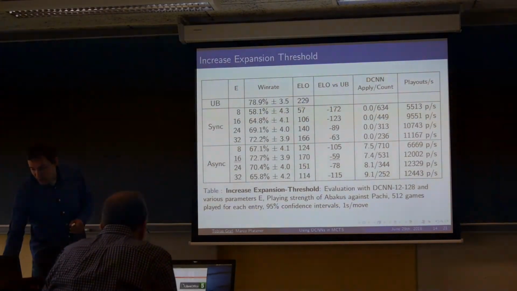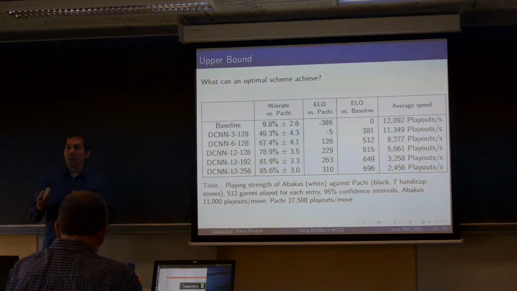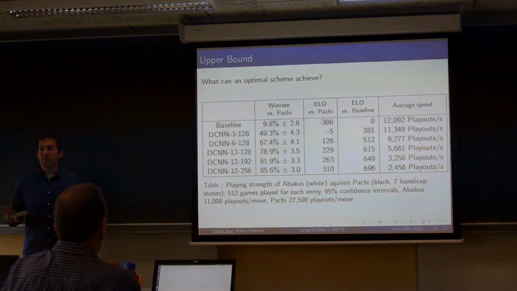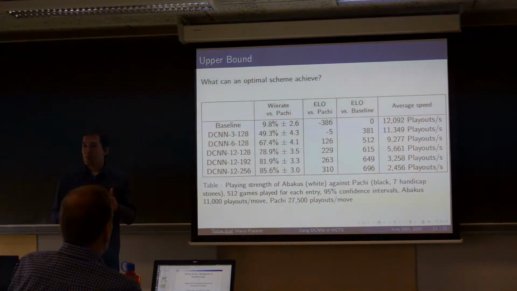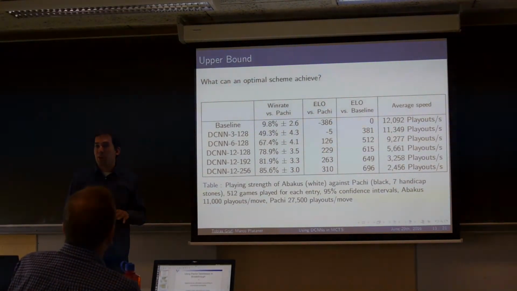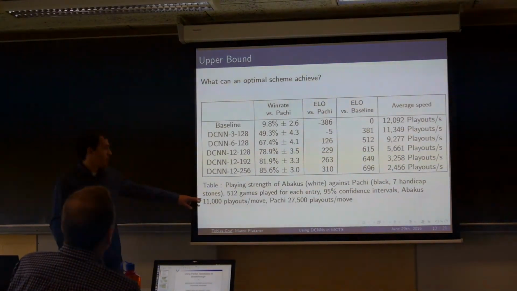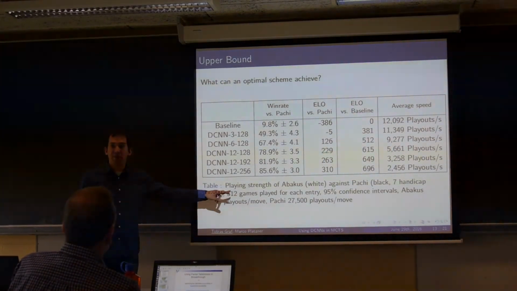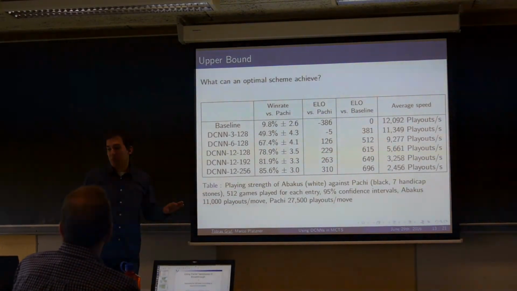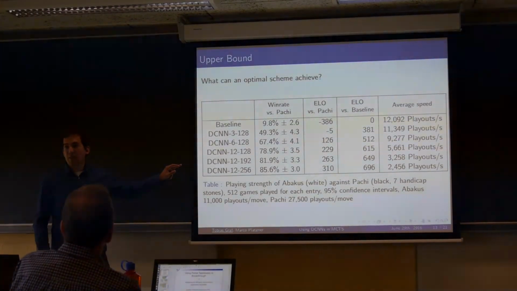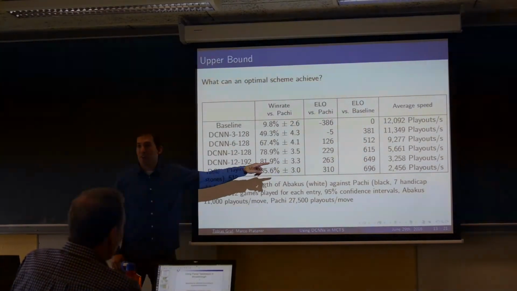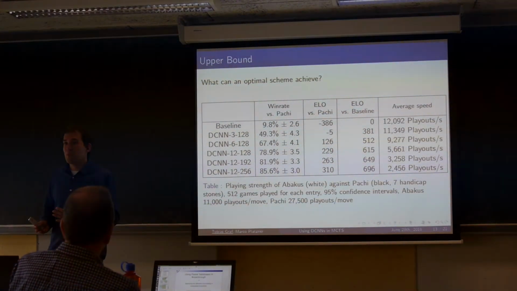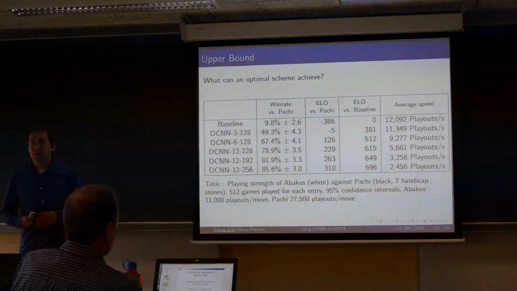We said, okay, if we want to get rid of any dependence on the execution time, we just look at how many simulations you can do in 1 second, and then fix the number of playouts you are allowed to do during the tournament. That's how we came up with these numbers. So they are equivalent to 1 second's thinking time. And if you now use the DCNN, then it doesn't matter if, for example, the last one would use 5 seconds per move, but we just ignore it.